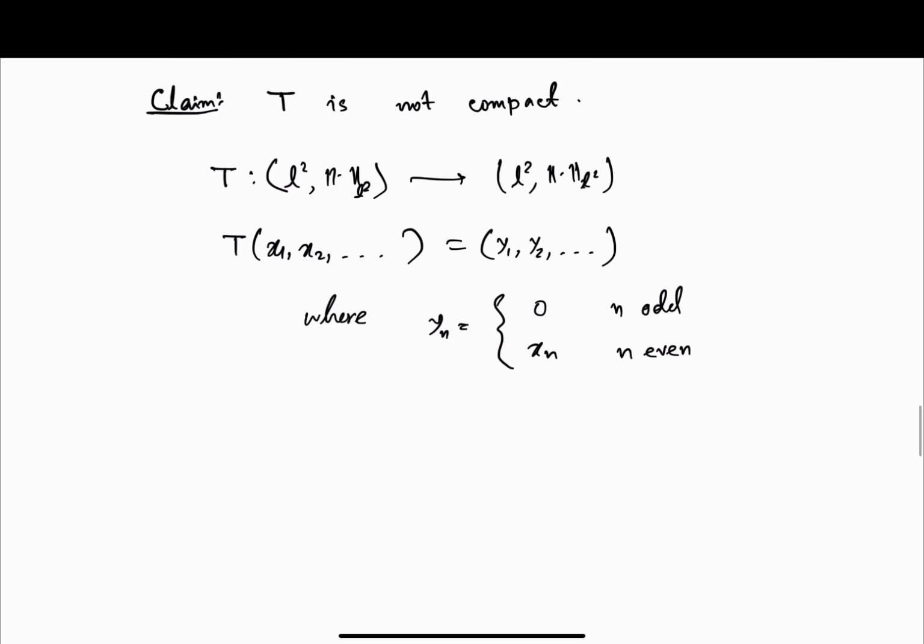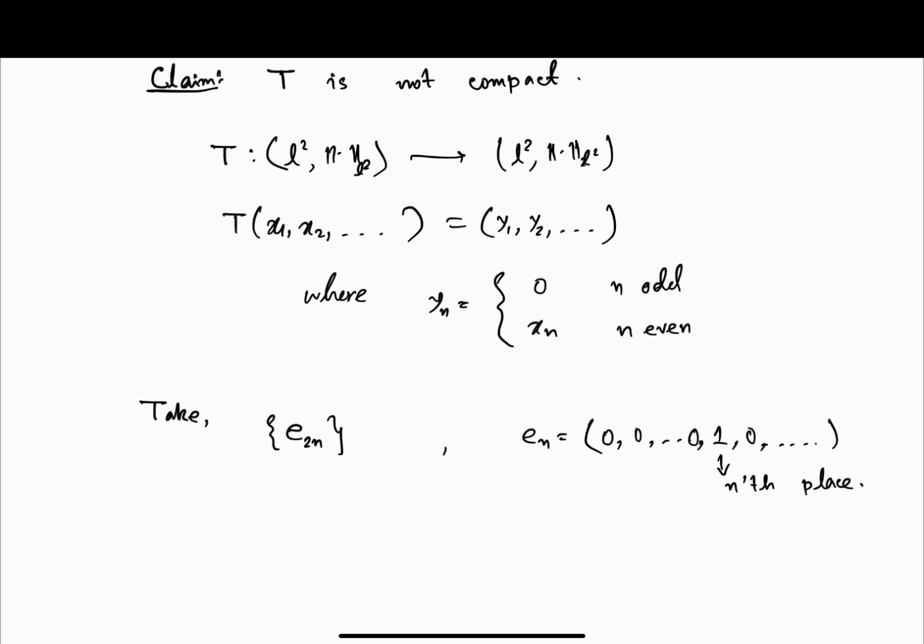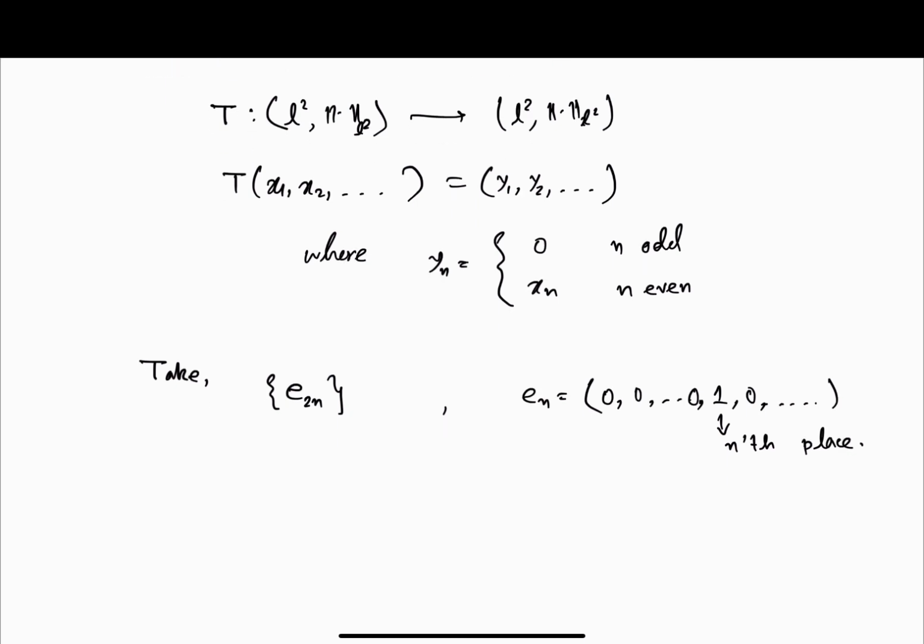So in order to show that this is not compact, again we have to find a bounded sequence so that T of that bounded sequence does not have any convergent subsequence. As earlier, let's take E2n, only the even ones, where the En are as earlier: 0 0 0 dot dot dot 1 0 0, with 1 in the 2nth place, for n greater than 1.